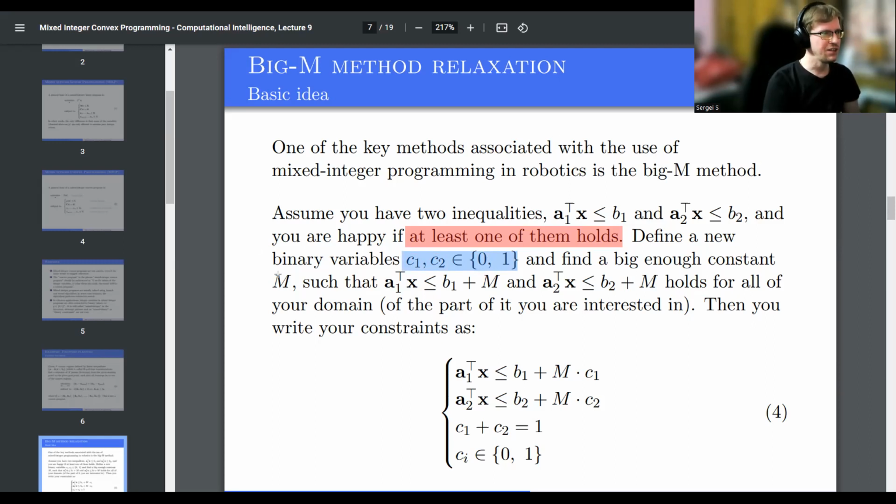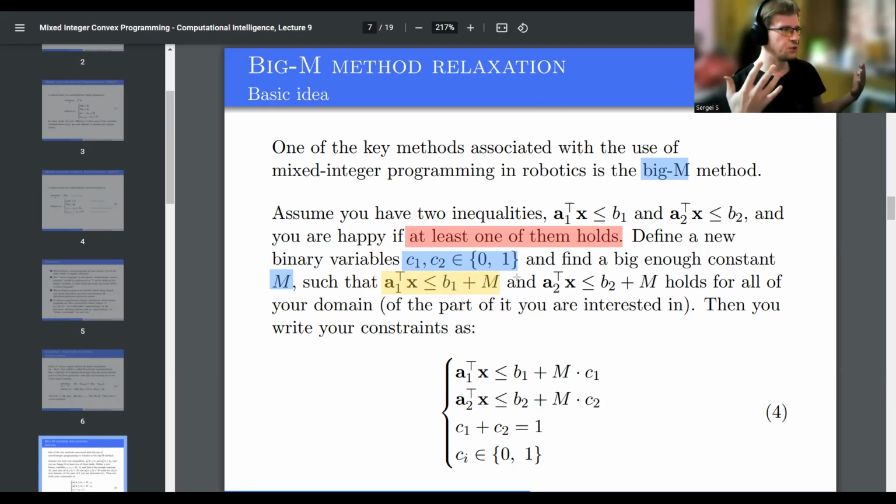And we introduce a big constant M. That is where big M comes from. We introduce a big constant, like let's say 100, named M. The name is not necessary, but that's how we usually call it. We choose it so big that a1 times x less than or equal to b1 plus M would always be true for any admissible x.